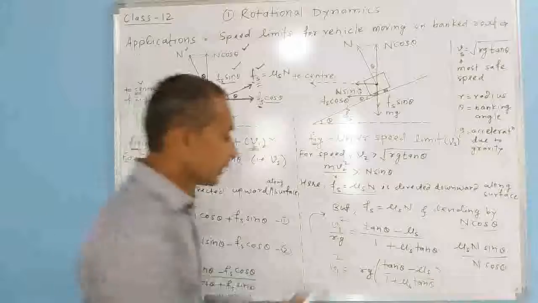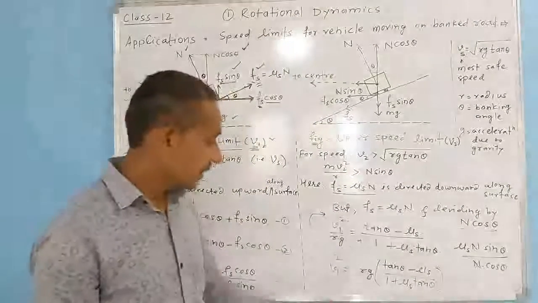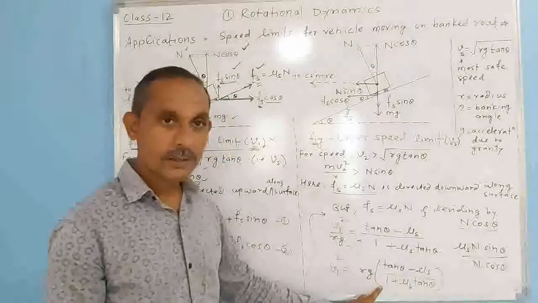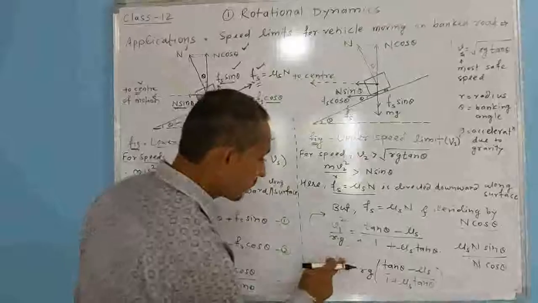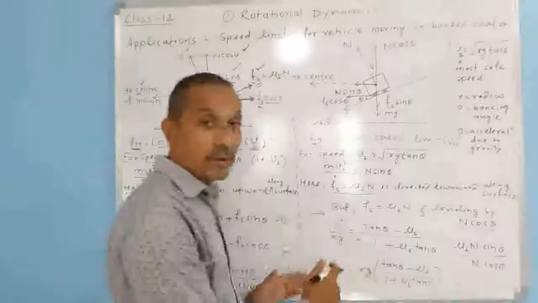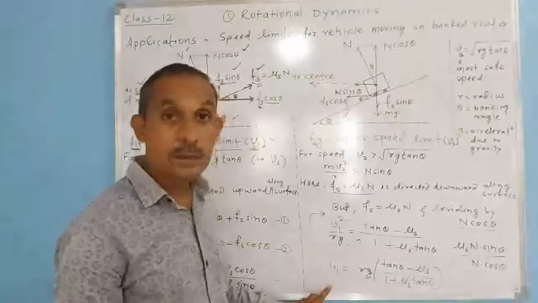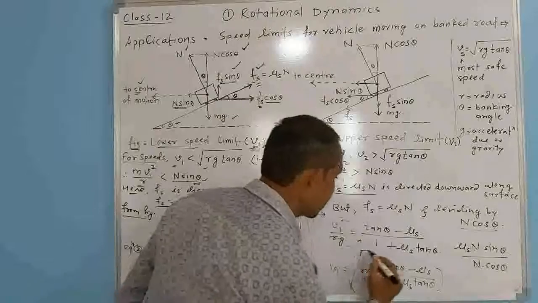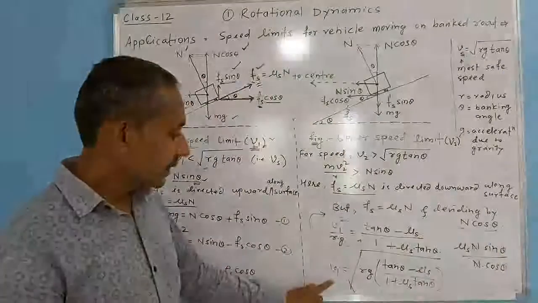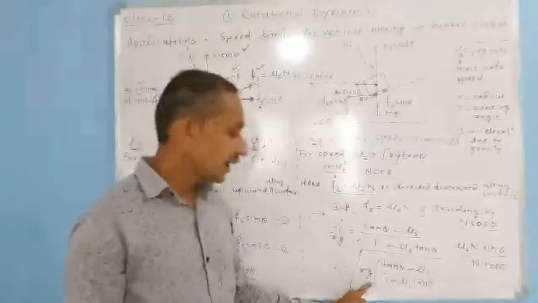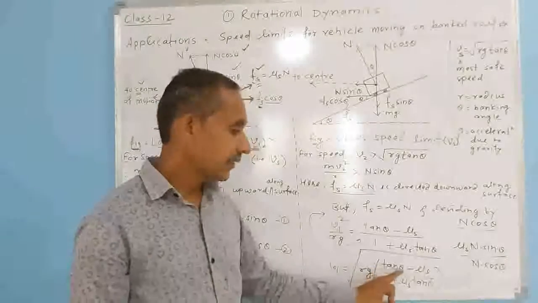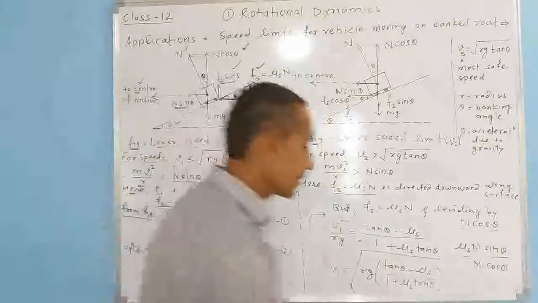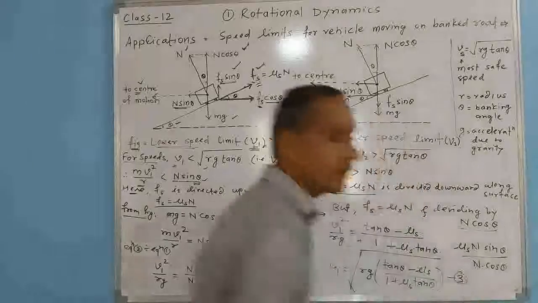Okay, then the last step is the square root. Take the square root on both sides. We get V1 is equal to under root of Rg multiplied by tan theta minus mu s divided by 1 plus mu s tan theta. This is relation 3.